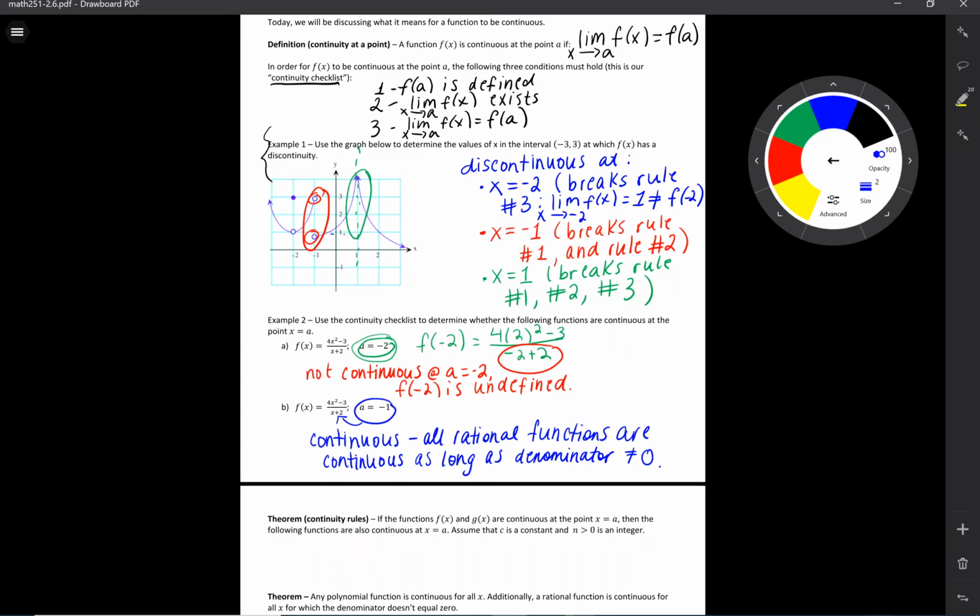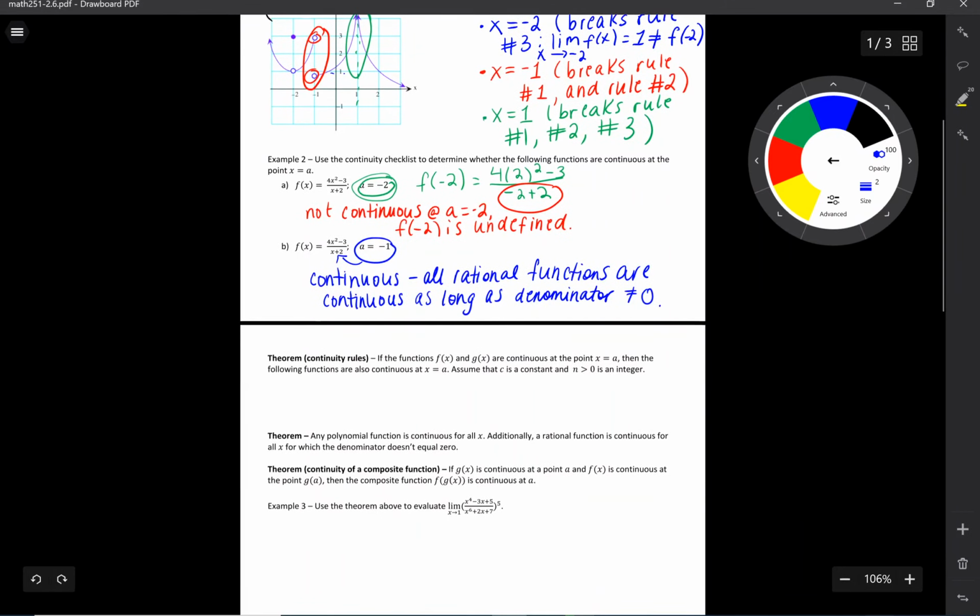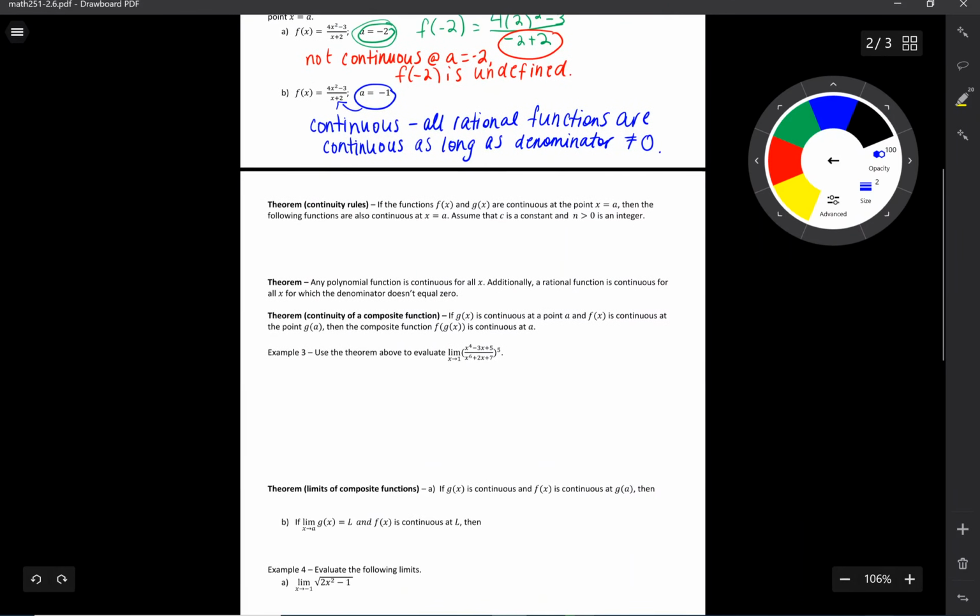All right, next we are going to move on to some continuity rules. So I assume that the functions f and g are continuous at the point x equals a, and then the following functions are also continuous at x equals a. We assume that c is a constant, just a number, and n is greater than 0 and is an integer.